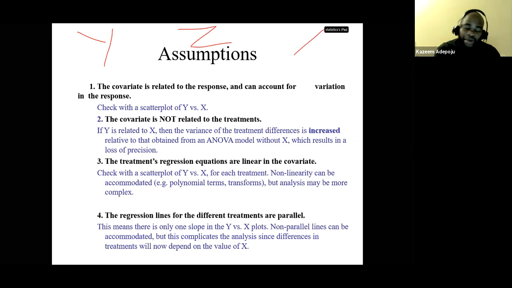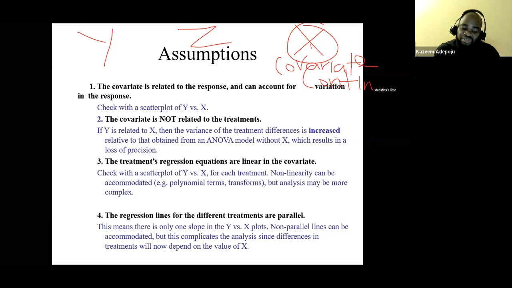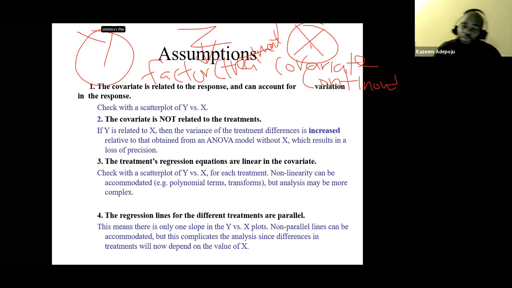And I'm going to call X the covariate, which is continuous.